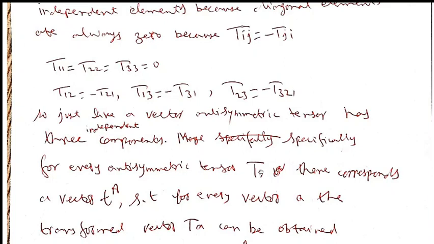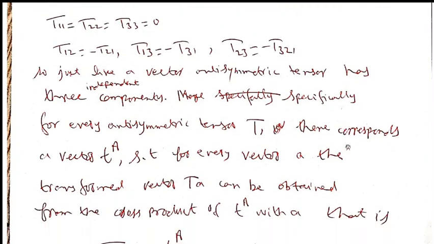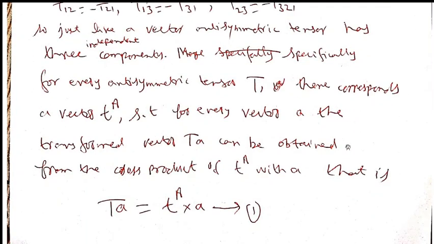We have an anti-symmetric tensor T, and there corresponds a vector called the dual vector TA, such that for every vector A, the transformed vector TA can be obtained from the cross product of this TA with A. What does this mean?